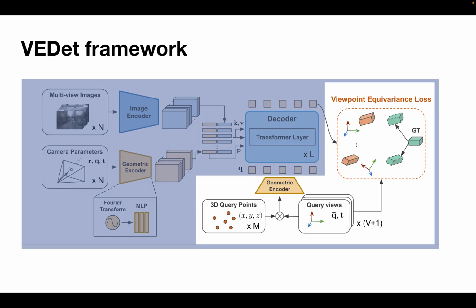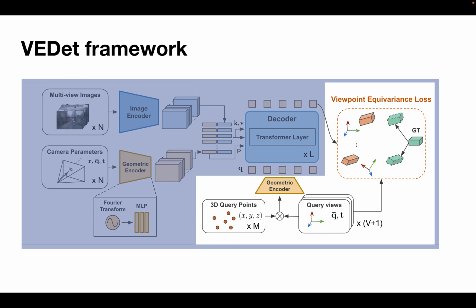This mechanism is implemented via viewpoint conditioning, where each query comes from a 3D query point and a query view. The set of 3D query points are learnable, while multiple query views are randomly sampled at training time.